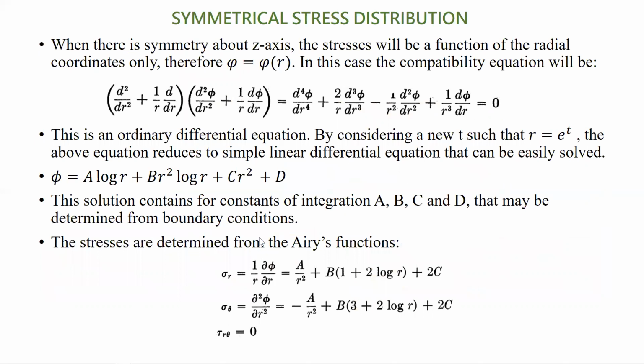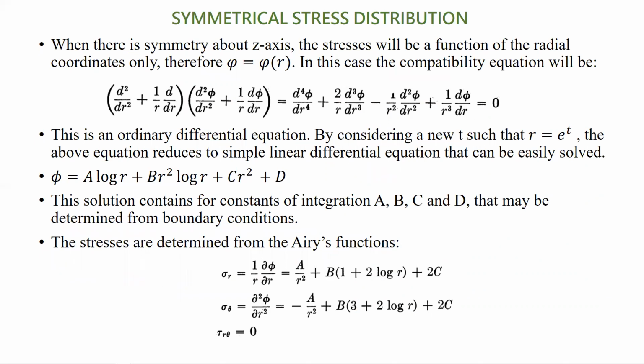And we came to a specific case where we have a symmetrical situation. That is to say, the body is symmetric and the loading is symmetric. An example of that was a cylindrical pressure vessel, which is under internal or external pressure.